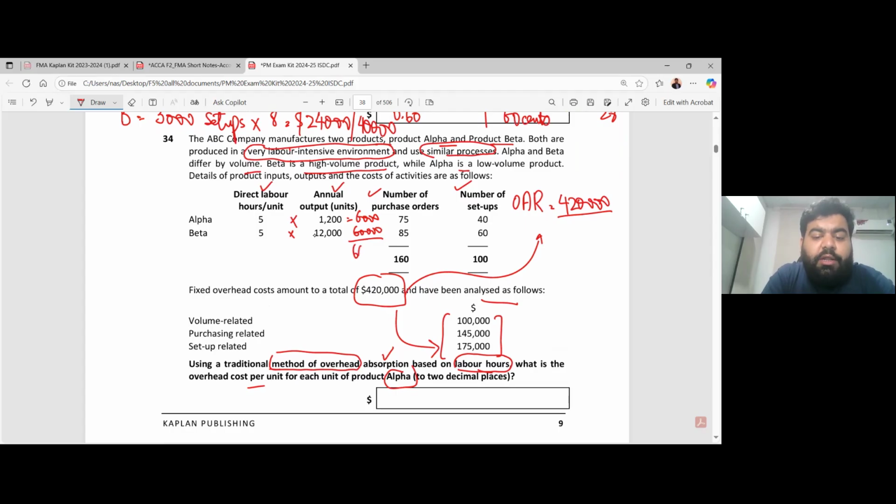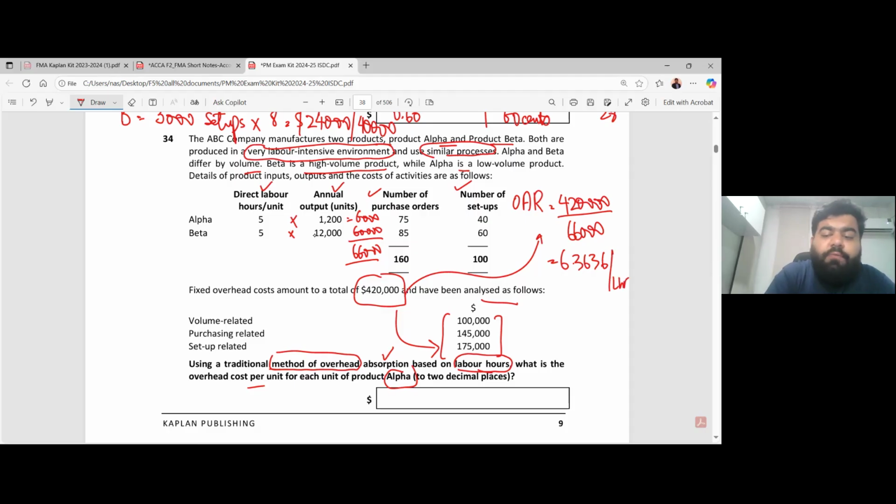Totaling it, the total labor hours are 66,000. We'll divide by total labor hours 66,000 and we'll get the OAR per labor hour. 20,000 divided by 66,000 is 6.3636 per labor hour.